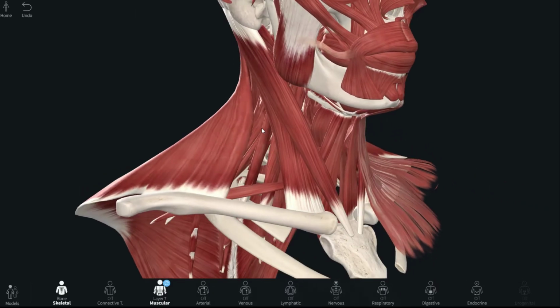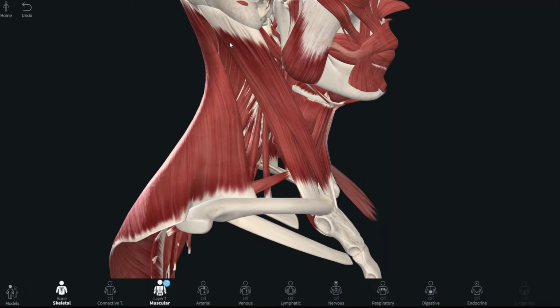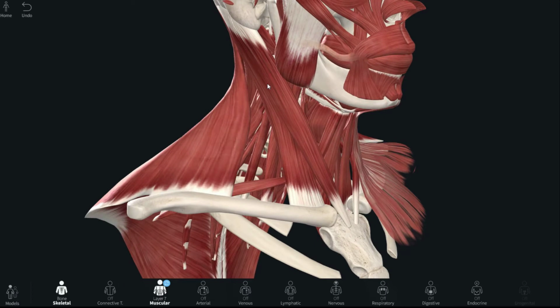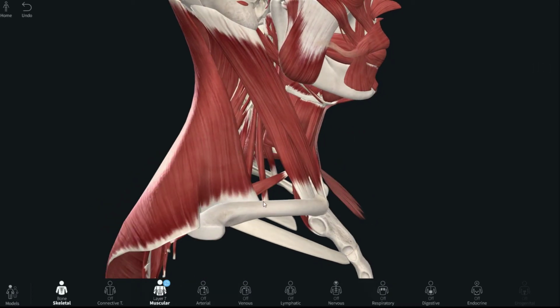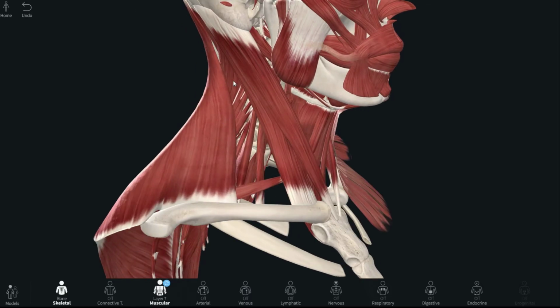Whereas if you can see here, it's very clear from the model itself, this is another triangular space. This triangular space is bounded anteriorly by, what is this muscle? This is the sternocleidomastoid only. So this space is bound anteriorly by the posterior border of sternocleidomastoid right here, whereas this space is bound posteriorly by the anterior border of trapezius over here.